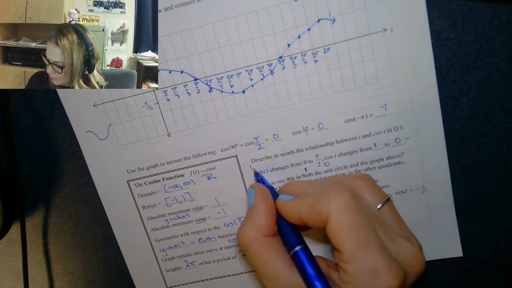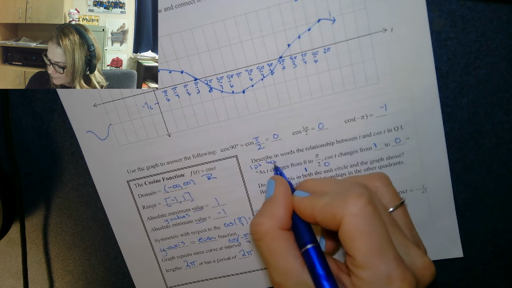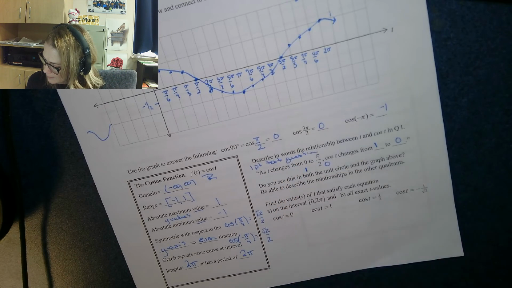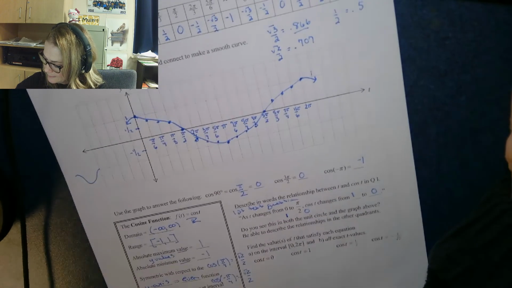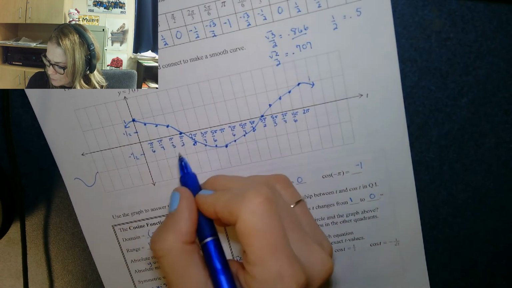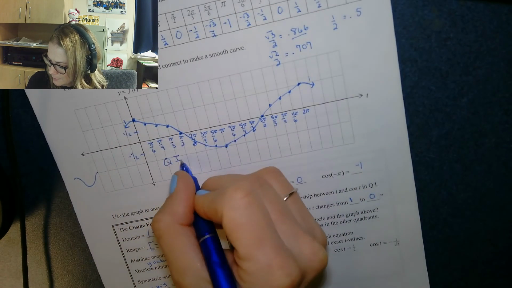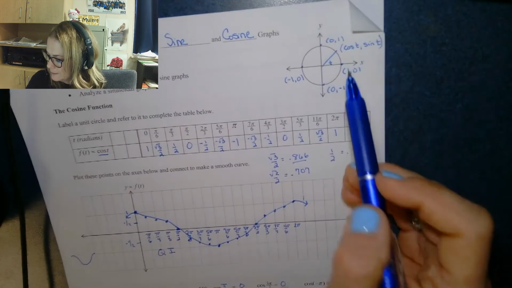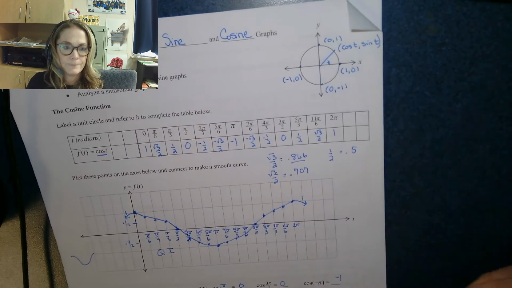This is usually like a 1-point test question, something like this. All right? So you can see that here, in quadrant 1, cosine goes from 1 to 0. And then on the unit circle, you can see it, 1 to 0.